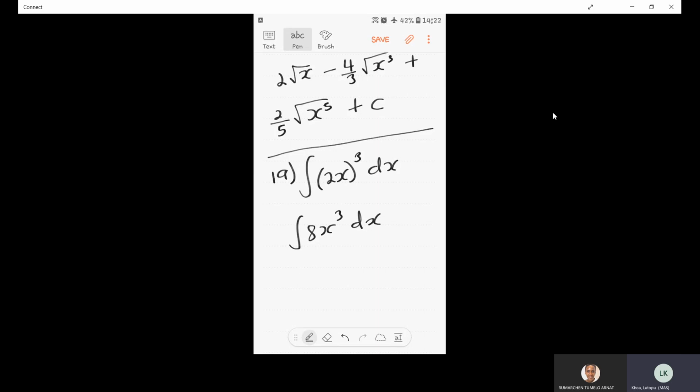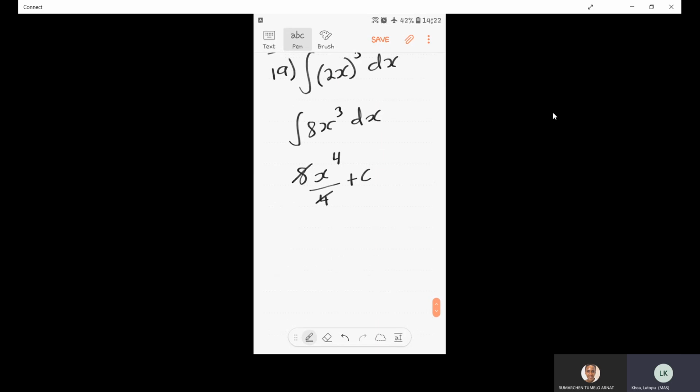You integrate this, this is just 8, then x to the power of 4 divided by 4 plus c. So this can simplify, 4 goes into 8 twice, so I have 2x to the power of 4 plus c.